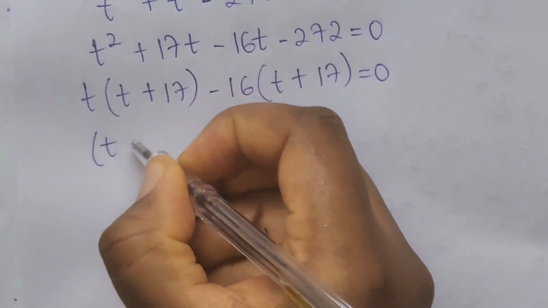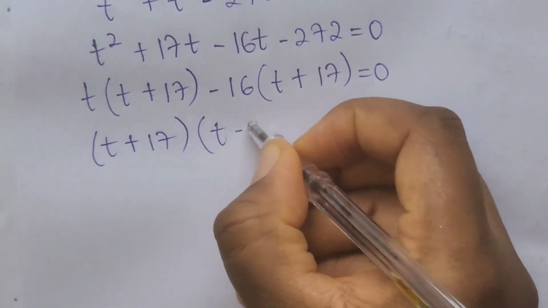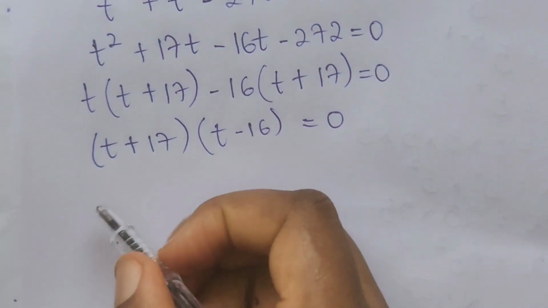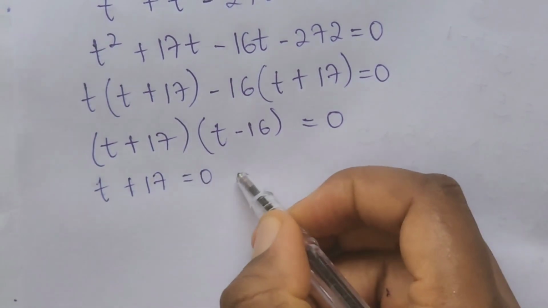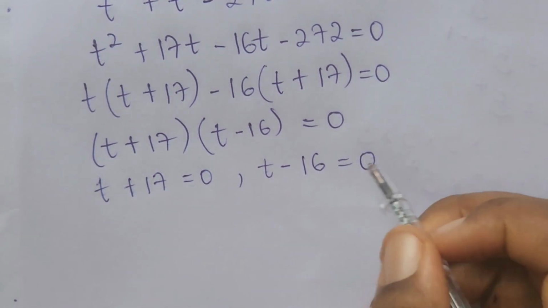So we have t plus 17 and t minus 16 to be equal to 0. This simply means that t plus 17 is equal to 0 and t minus 16 is equal to 0.